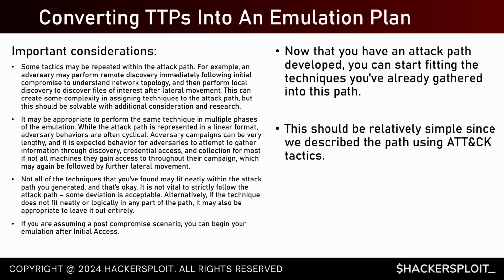The key thing is that you emulate the known TTPs, right? And if you're assuming a post-compromise scenario, you can begin your emulation after initial access, so you may not need to factor that in. Once you have the attack path developed, you can start fitting the techniques you've already gathered into this path. And so basically that's the process of developing an adversary emulation plan.